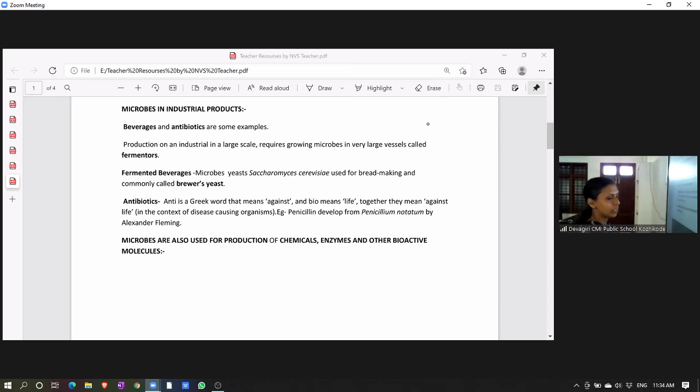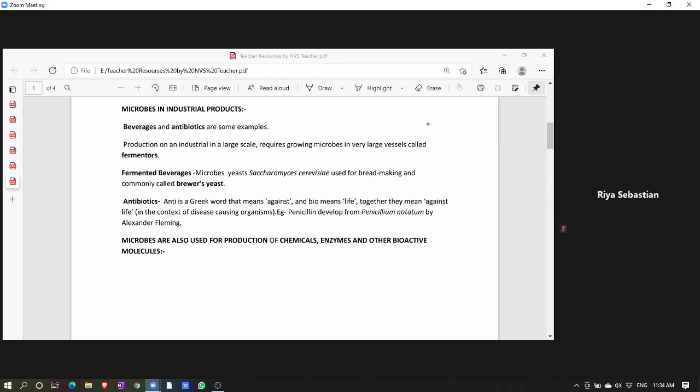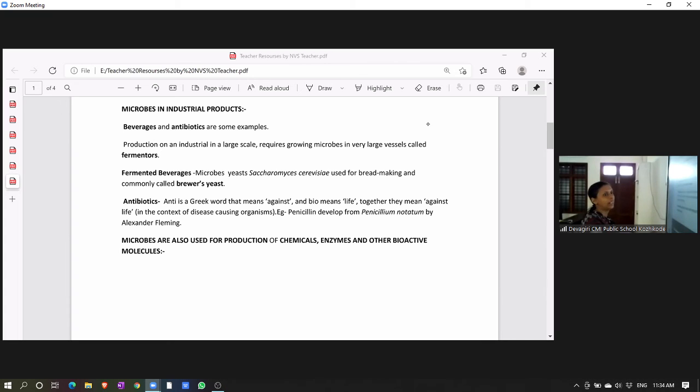Children, you'll be asked to submit the notebooks. So not only bio, all the subjects, make sure that you write and be up to date. Ria Sebastian, are you writing? Yes, miss. And learn daily portions. Finish this.